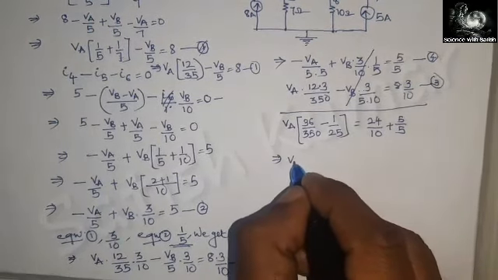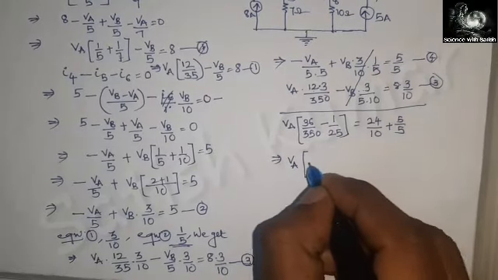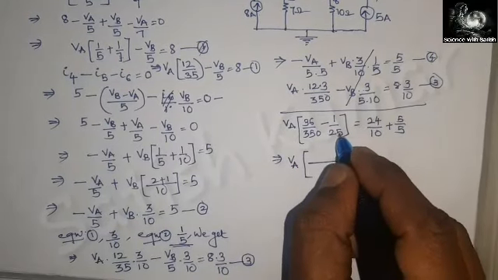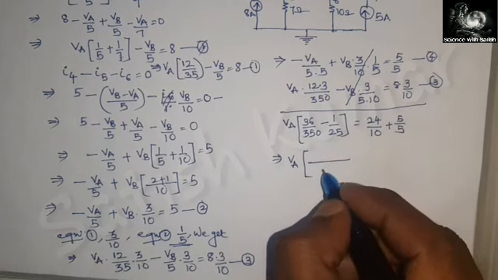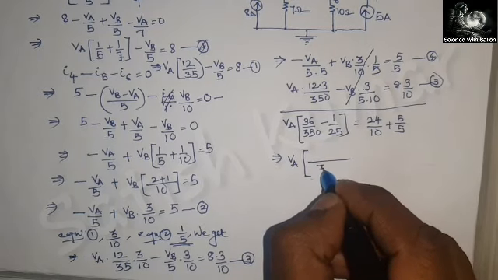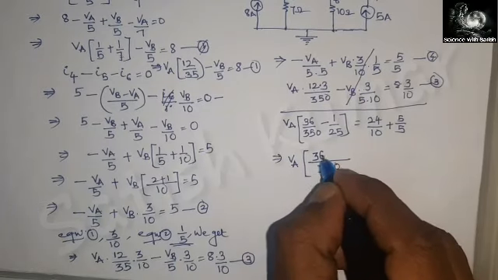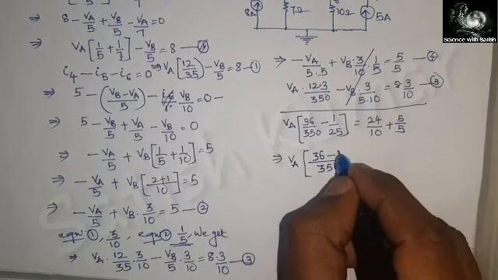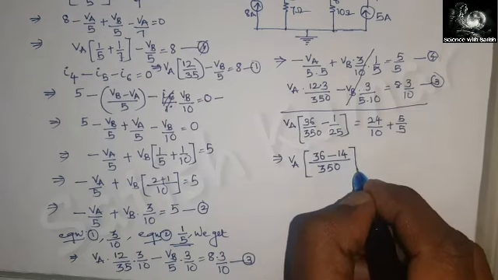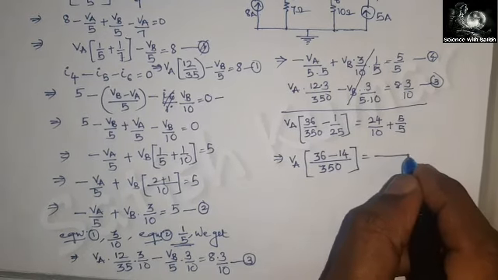This implies VA into, the LCM is 25. So, it is 350, 36 and 25 14s are 350, is equal to, the LCM here is 10.